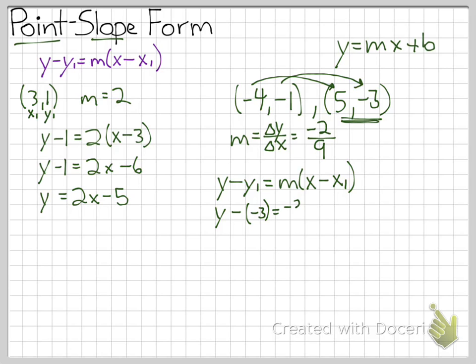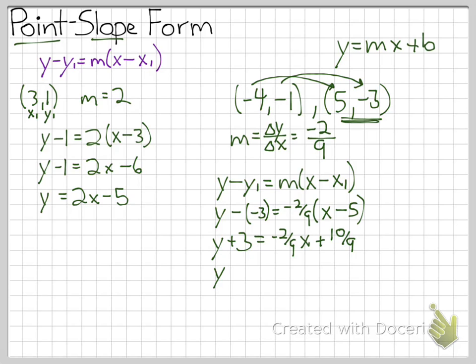And our slope is negative 2/9 times the quantity x minus 5. So I get y plus 3 equals negative 2/9 x. Then I have negative 2/9 times negative 5. I know that's a positive because it's a negative times a negative, and that's going to be 10/9.